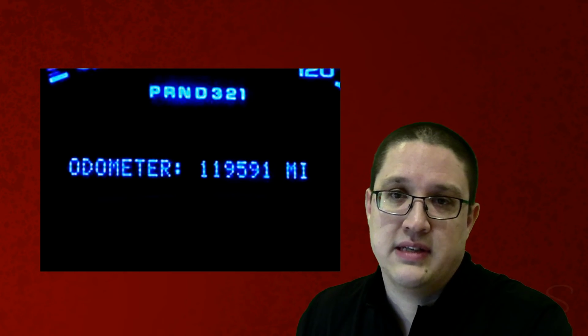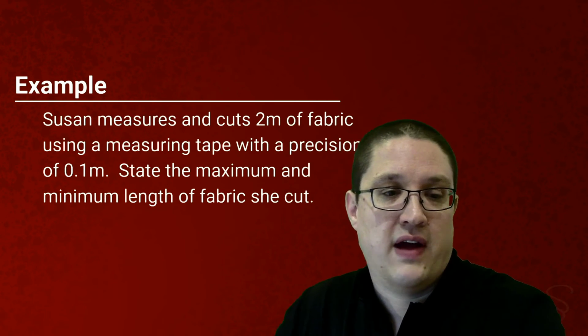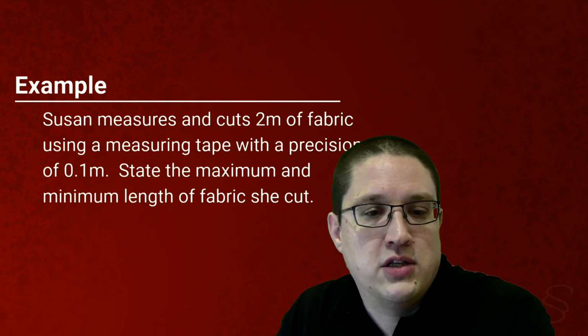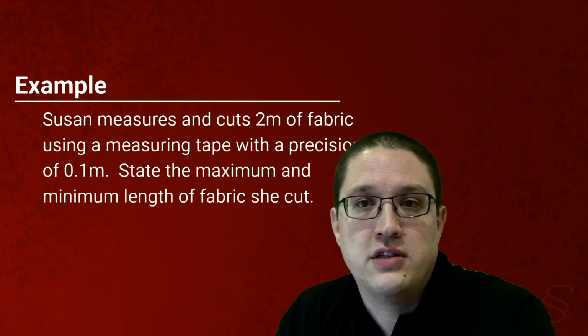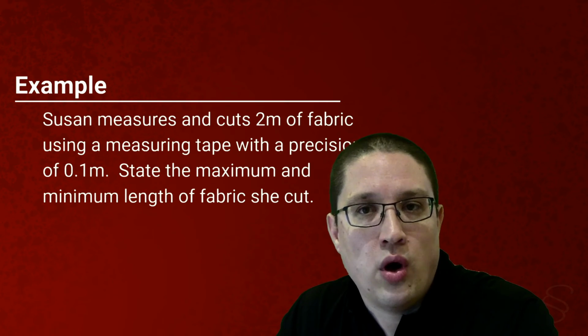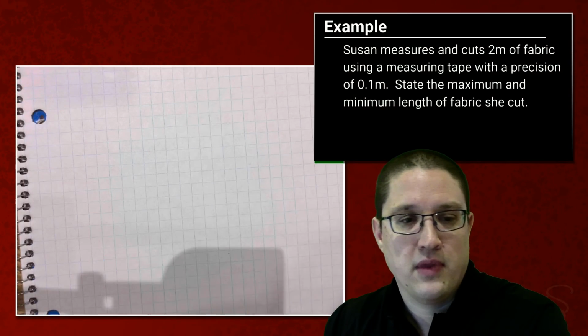Let's look at a couple examples here to see how this works. So let's say that we're measuring fabric. If Susan here is measuring and cutting 2 meters of fabric, and she uses a measuring tape with a precision of 0.1 meters, that tells us something about this measurement. Let's look at this.